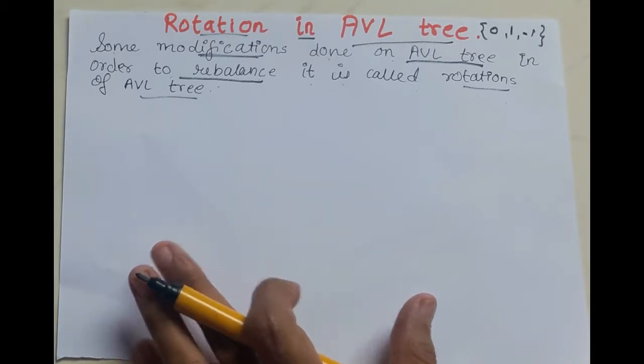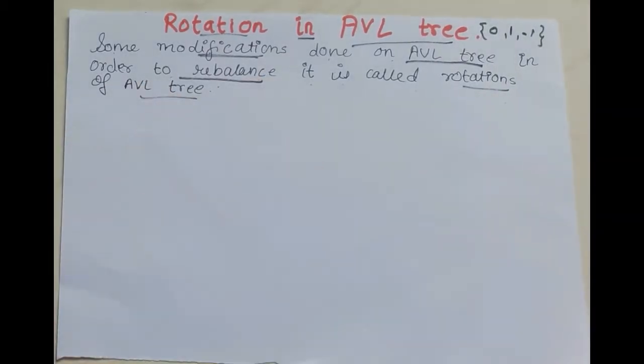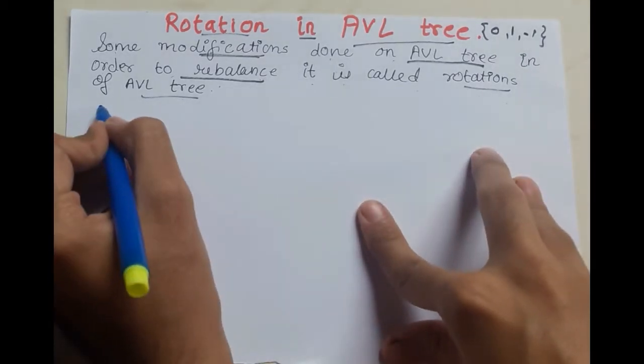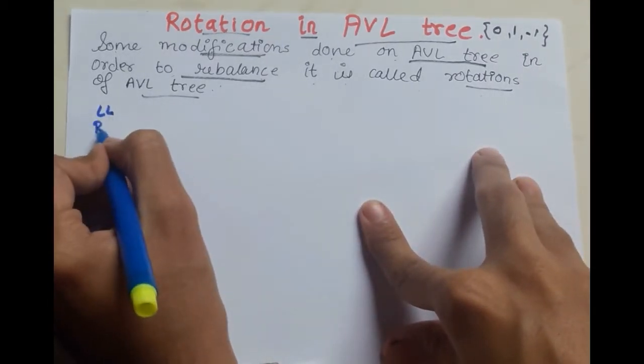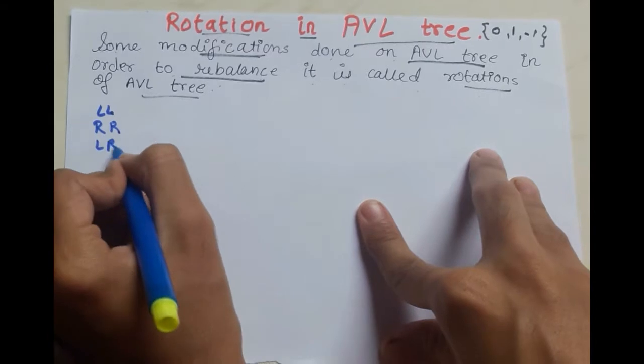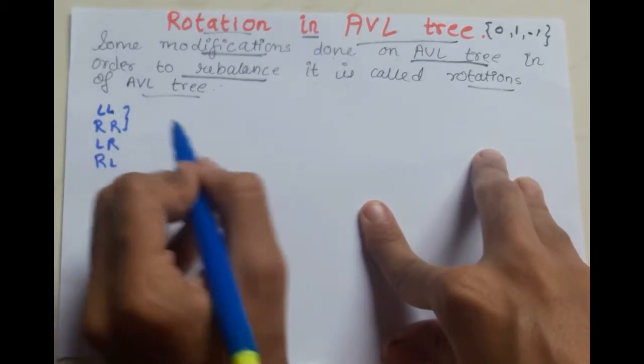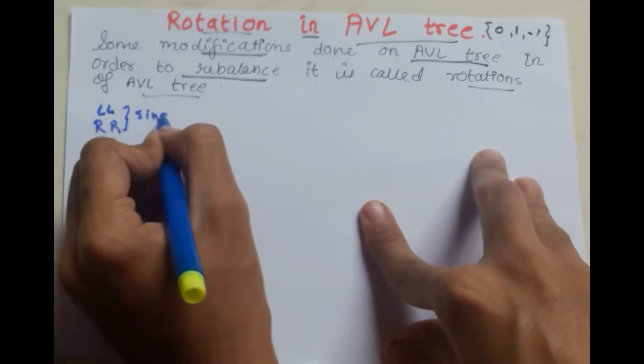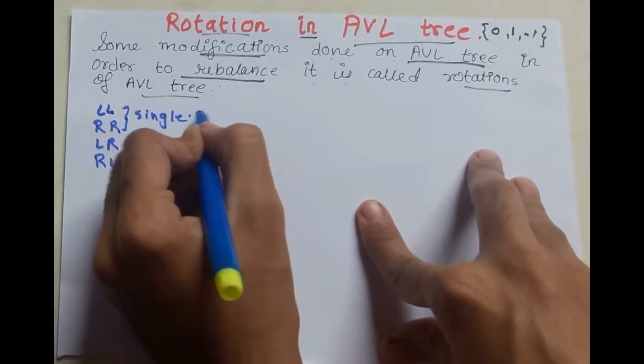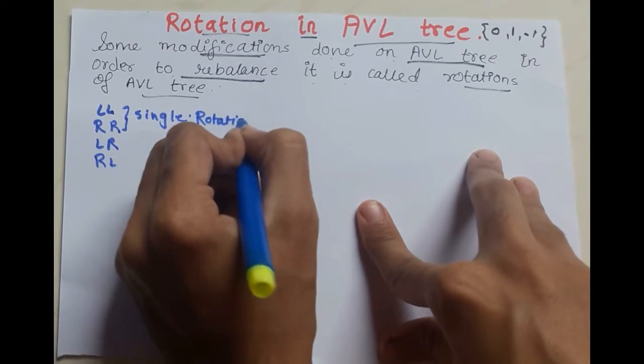Okay. So there are 4 types of rotations in AVL tree, and those are LL, RR, LR and RL. Out of these, LL and RR are single rotations.